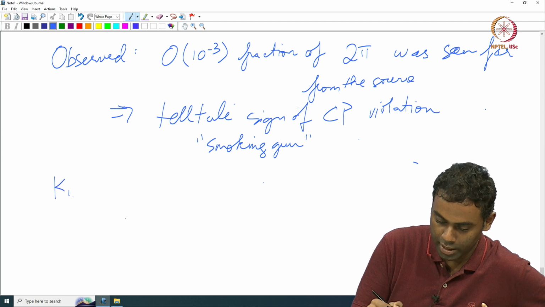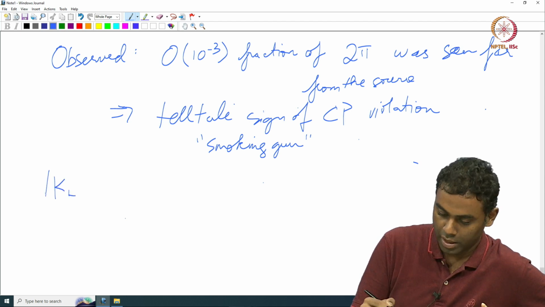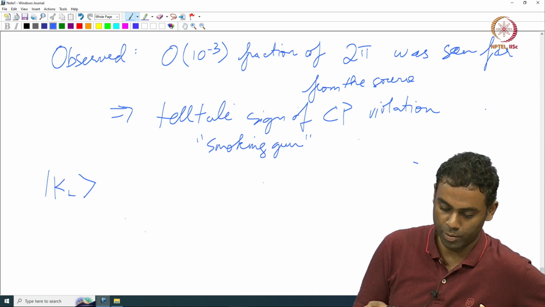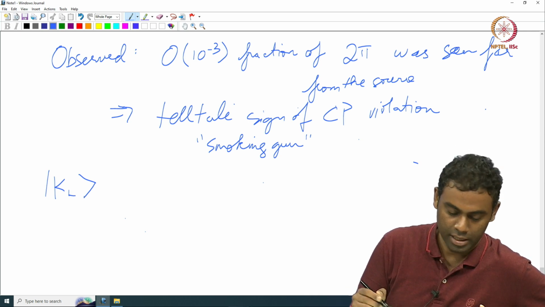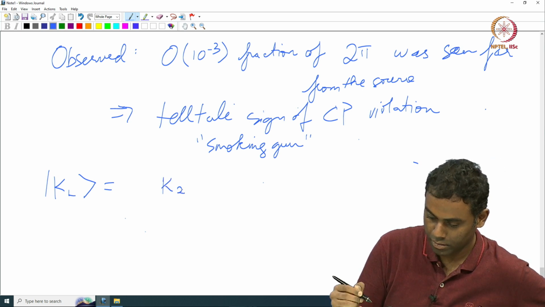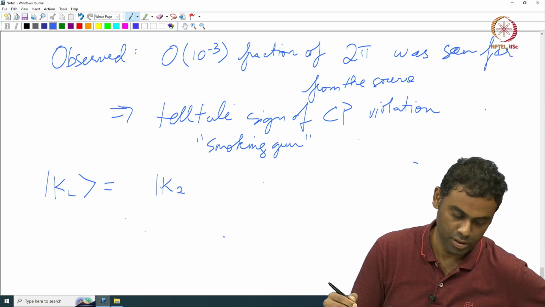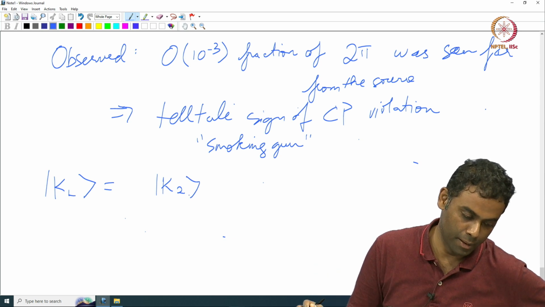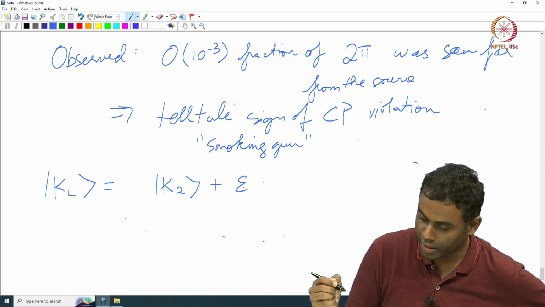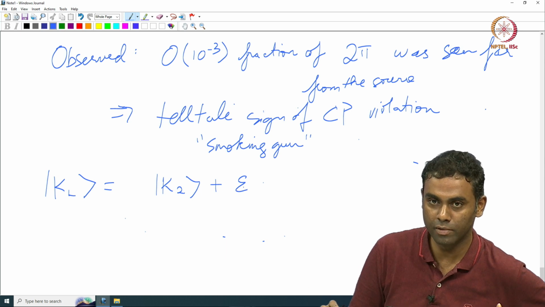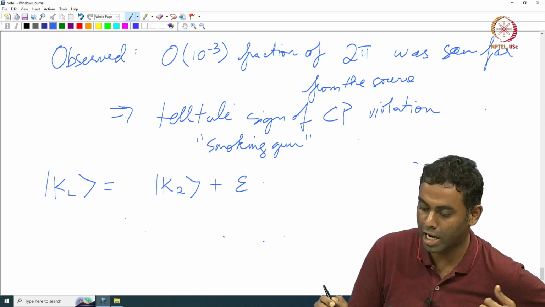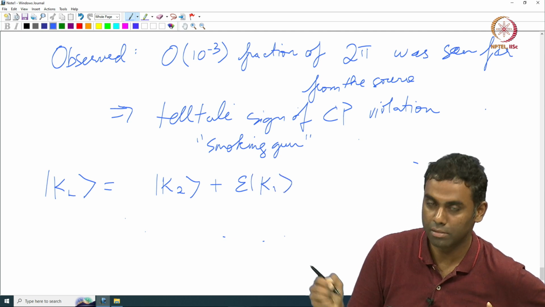So people do write what is called the long-lived Kaon. I am going to put the subscript L for long. K long is the K2, which is supposed to be mostly long lived, right? It goes to 3 pions, but no, it is K2 plus a small admixture of K1.